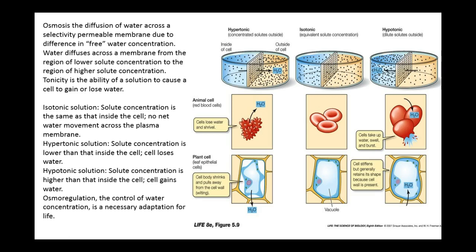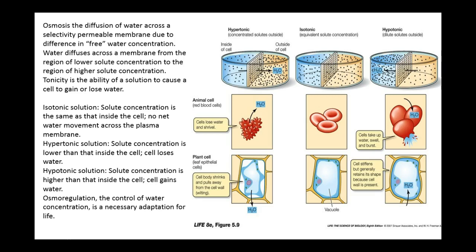In a hypertonic solution, the solute concentration is lower inside the cell than outside. So you drop the cell in a solution that has more solutes than what's in the cell, and the cell is going to lose water and shrink, and that's what you're seeing in the middle row.